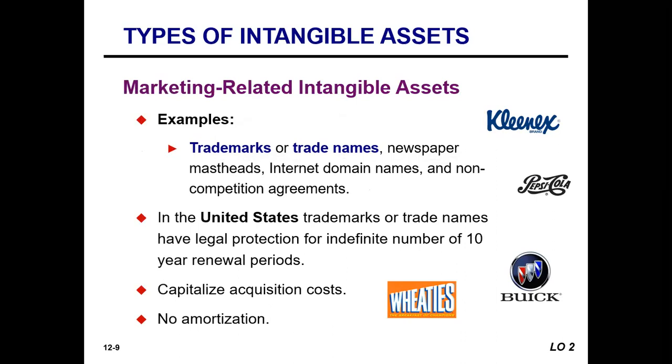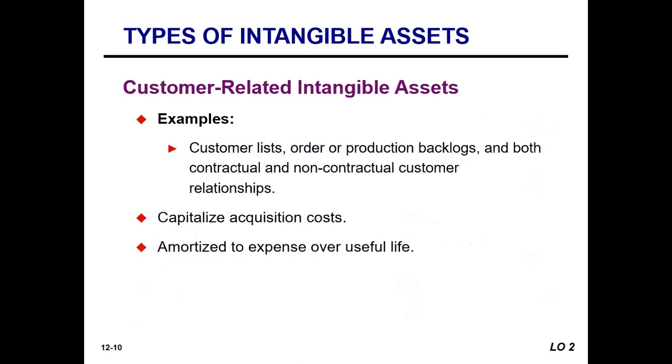So essentially forever, right? A company just has to renew these legal protections every 10 years. We capitalize the acquisition cost of this intangible asset, but because it has an indefinite life, we wouldn't amortize, we would test for impairment periodically.